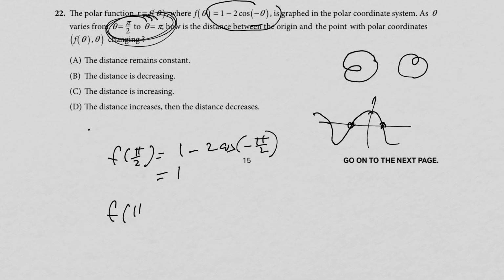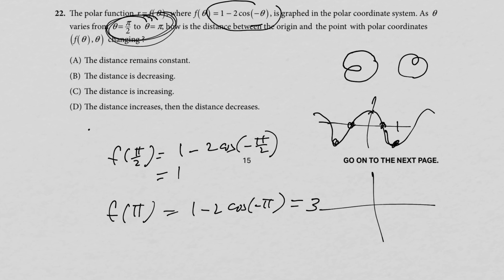But f of pi, if you put pi into this, cosine of negative pi. Now cosine of pi is negative 1. Cosine of negative pi is also negative 1. So this becomes 1 plus 2, which is 3. So what happens is that the function value, if I were to graph it, goes from 1 at 90 degrees to 3 at 180 degrees.